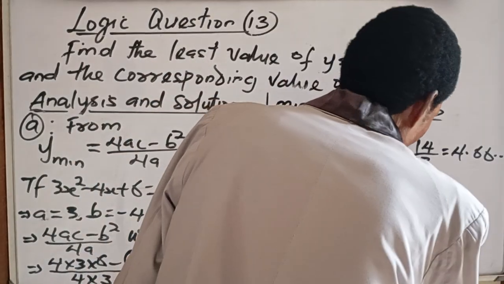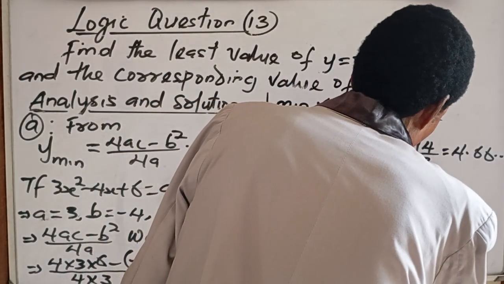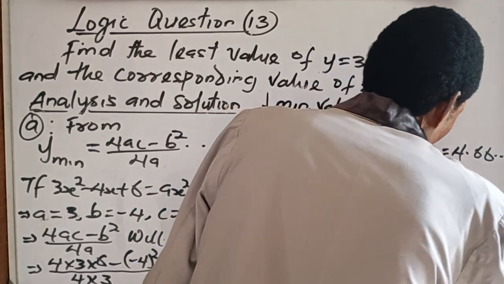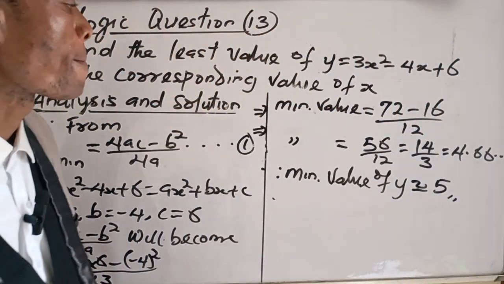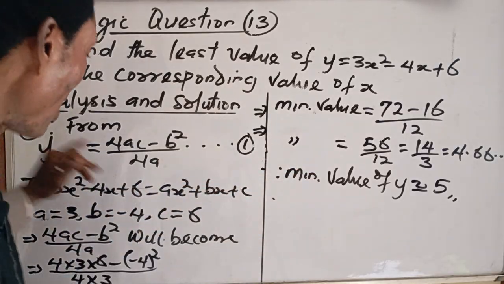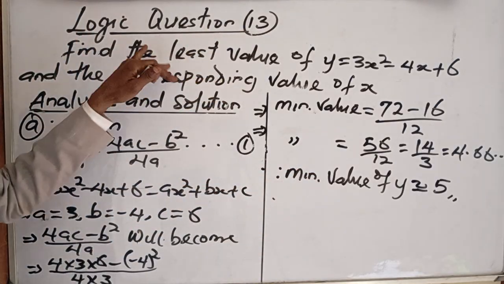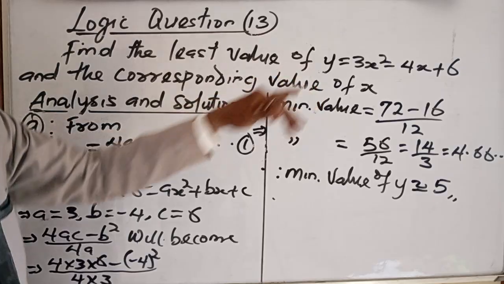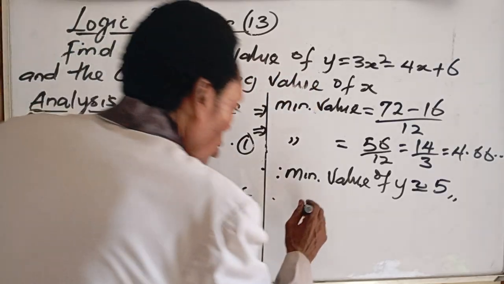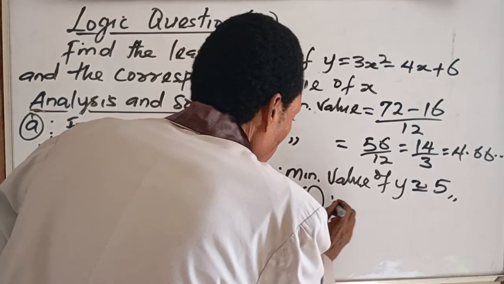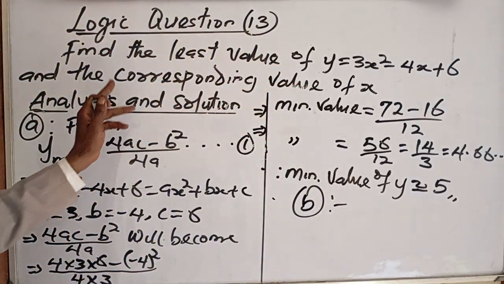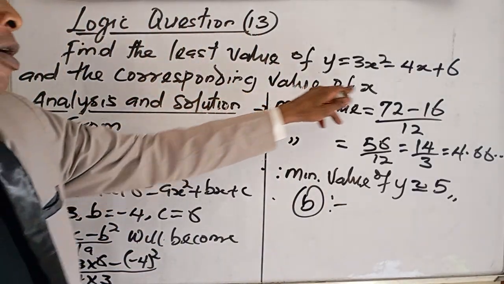So y is approximately equal to 5. And that is all to this. So I think this is where we will stop as part A, to find the least value of y. I will come back for part B to find the corresponding value of x.